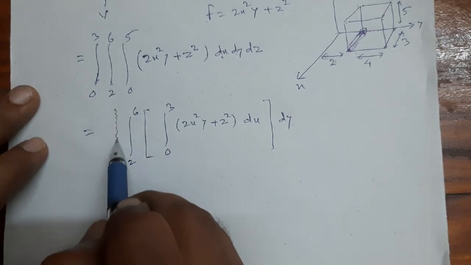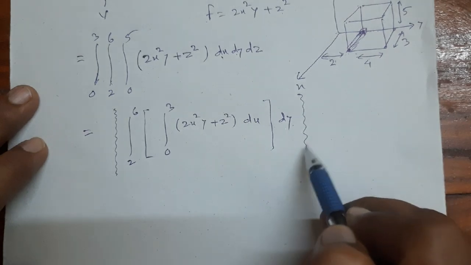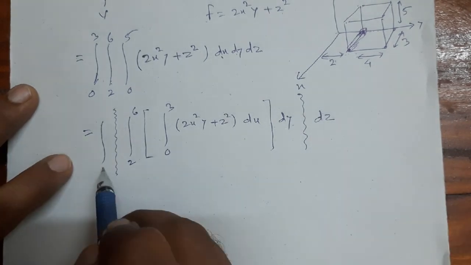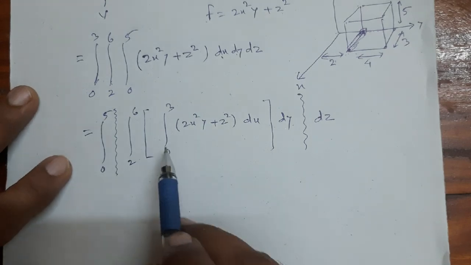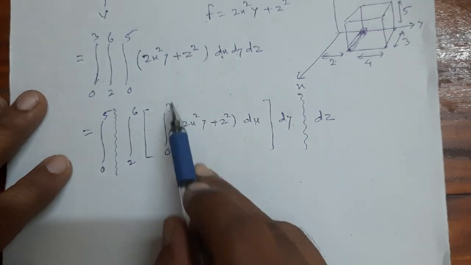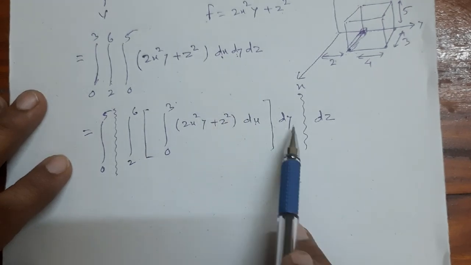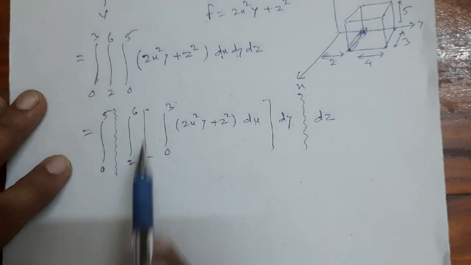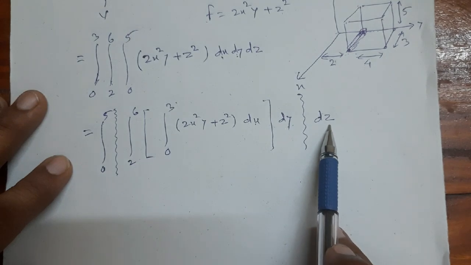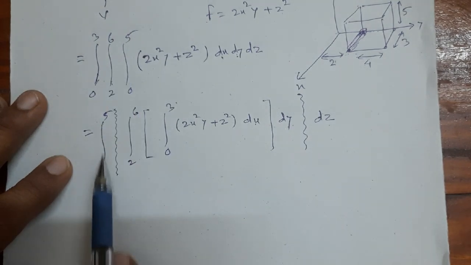And after calculation of this integration, I will integrate over z, from 0 to 5. That means first of all, I will solve the integration over x, from 0 to 3. Then I will integrate over y, from 2 to 6. And then over z, from 0 to 5.